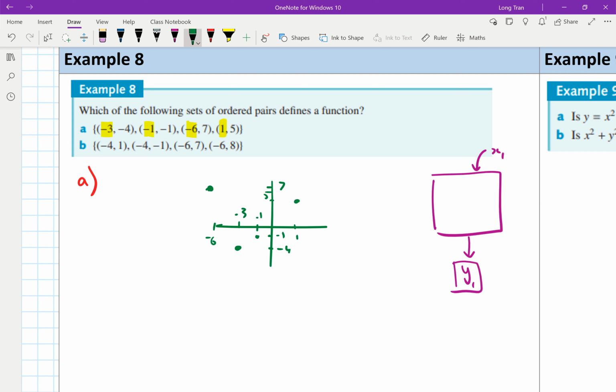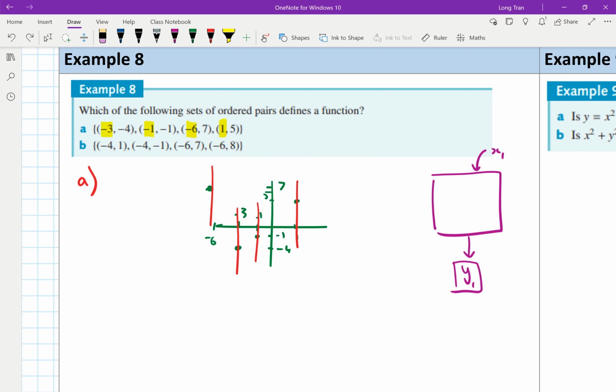So you can see that every coordinate, if I drew a vertical line down them, I don't get 2 intersections, I only get 1. So that's one way, so you can draw it to visualize it, or you can do my technique, which is to double check if there's any repeating x values. Okay, so that's what I would say to make it easier for you to find.